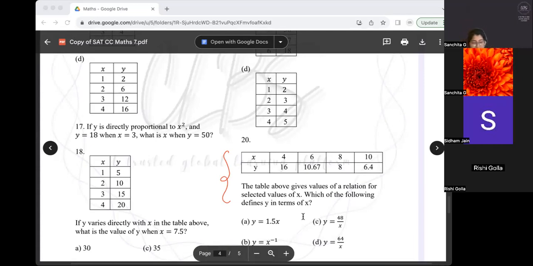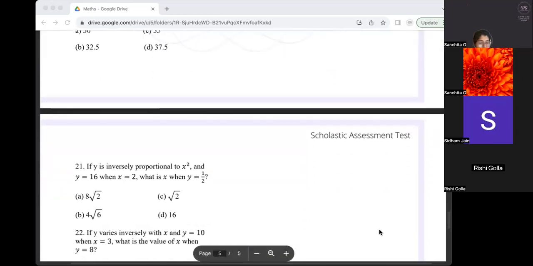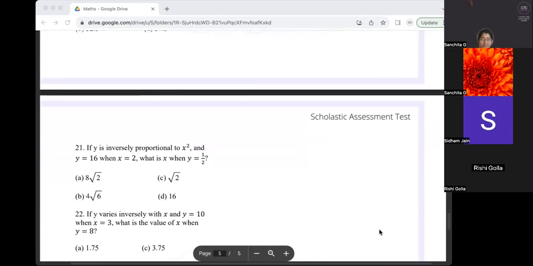So you can just check over here. It is basically your y in terms of x. I just have to plug in and I'll get my answer. D is my answer. Clear? Super simple set. Any doubt, feel free to ask.